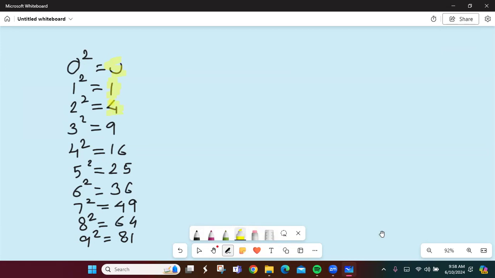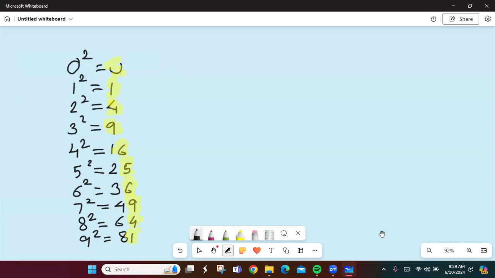Ending with 3, the square will end with 9. Ending with 4, the square will end with 6. Ending with 5, the square will end with 5. Ending with 6, the square will end with 6. Ending with 7, the square will end with 9. Ending with 8, the square will end with 4. And a number ending with 9, the square will end with 1.